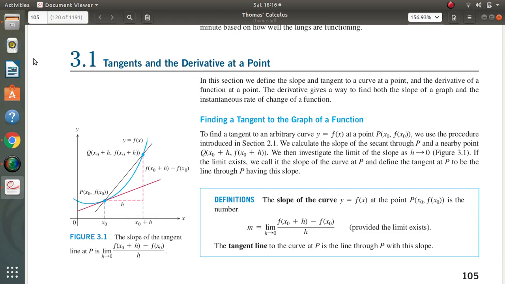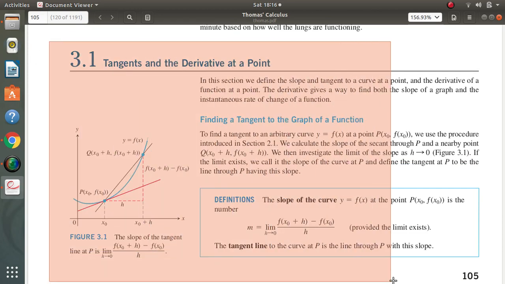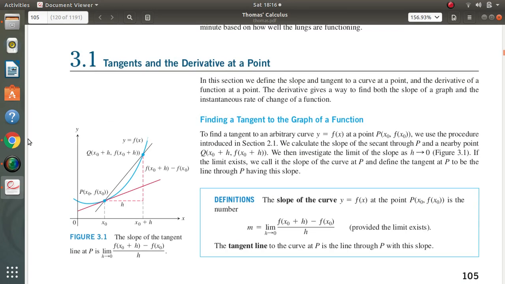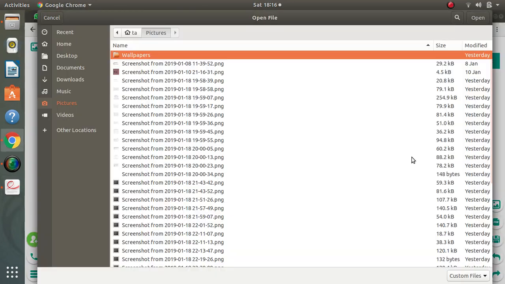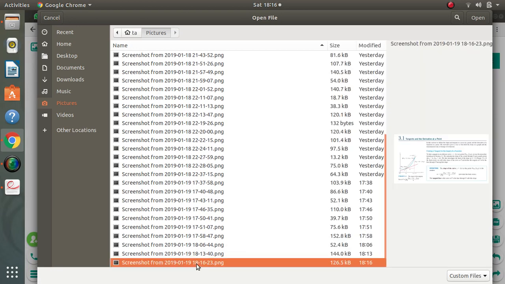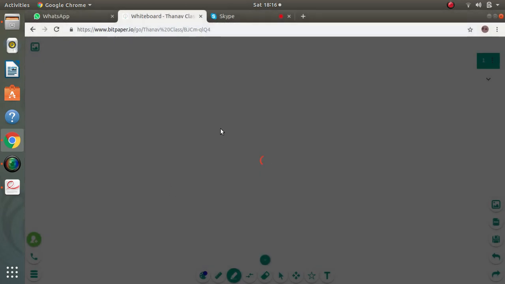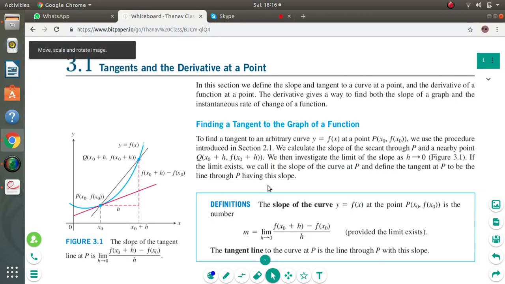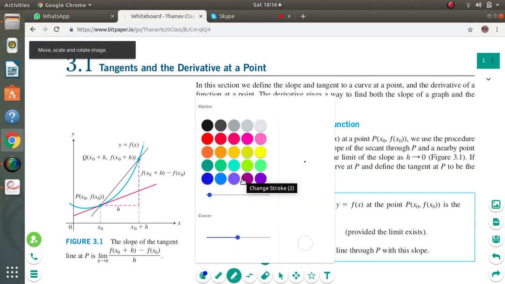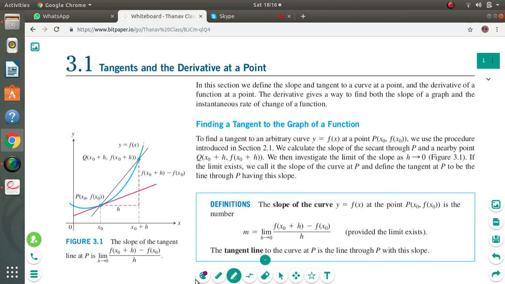Tangents and derivative at a point here we have.